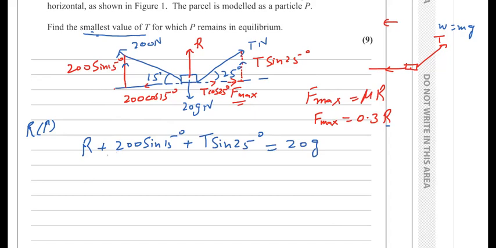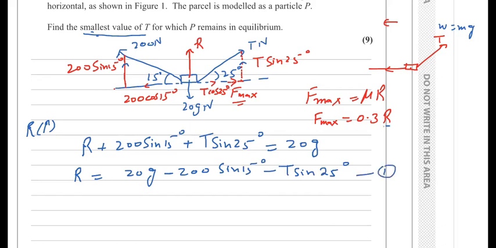Now from here, if I have to find R, so R will be equal to 20 G minus 200 sine 15 degree minus T sine of 25 degree. Let's say this is equation number 1.